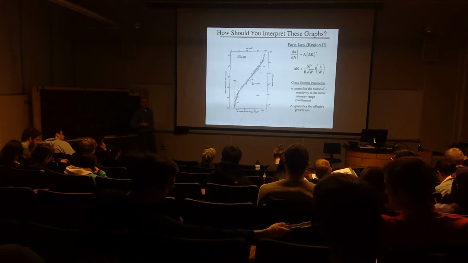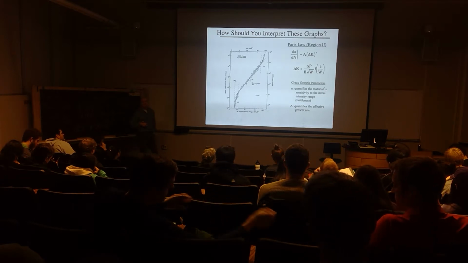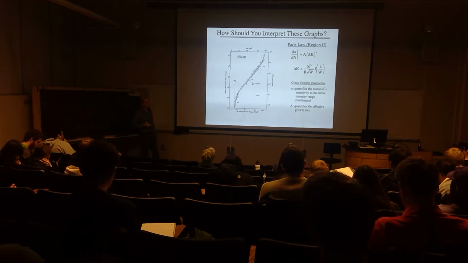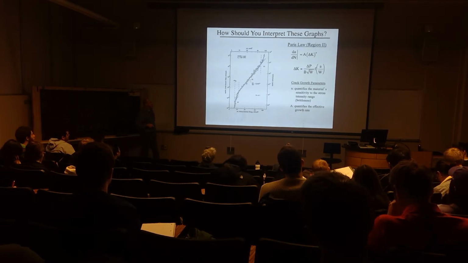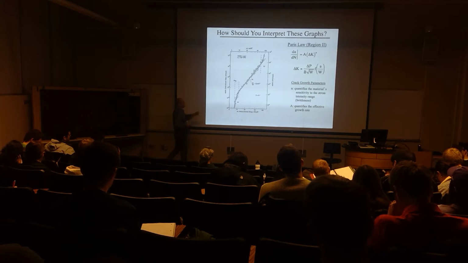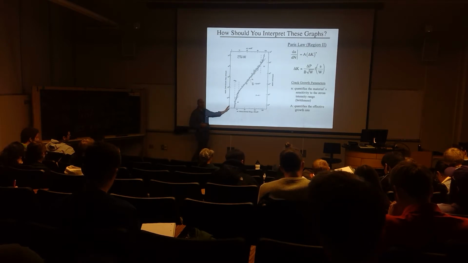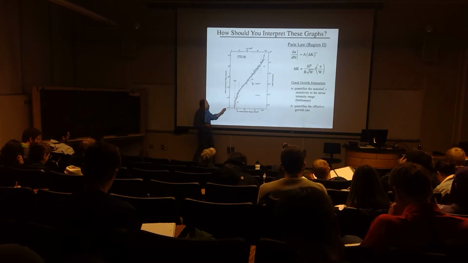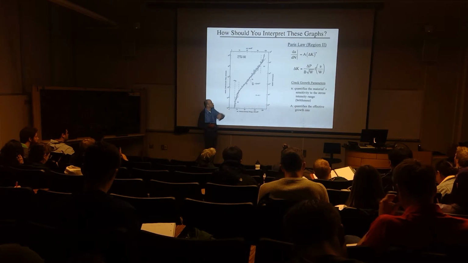So let's think about applying this to materials, but also think about its application to failure analysis. Again, here is this fatigue crack growth diagram that describes the entire range of fatigue crack growth response for this material within region 1, region 2, and region 3.